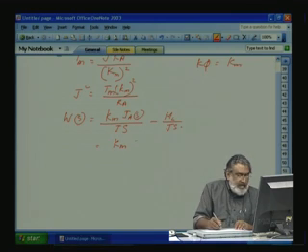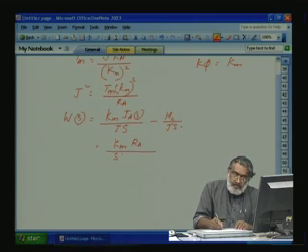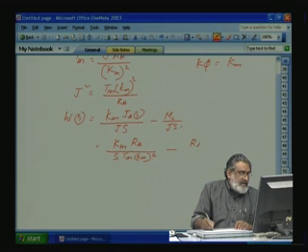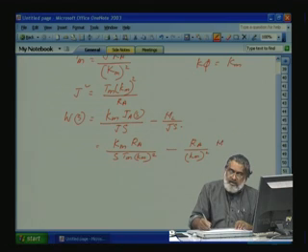So this will be Km into Ra by S into Tm into Km square. We substitute J from here, minus Ra by Km square into Ml minus Tm into S.